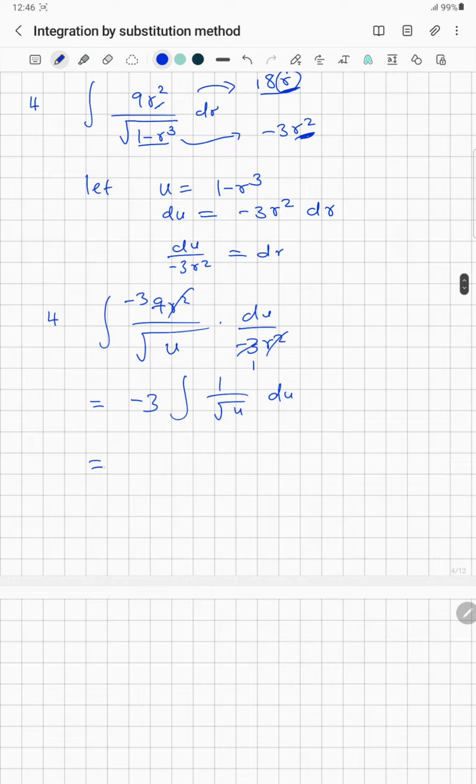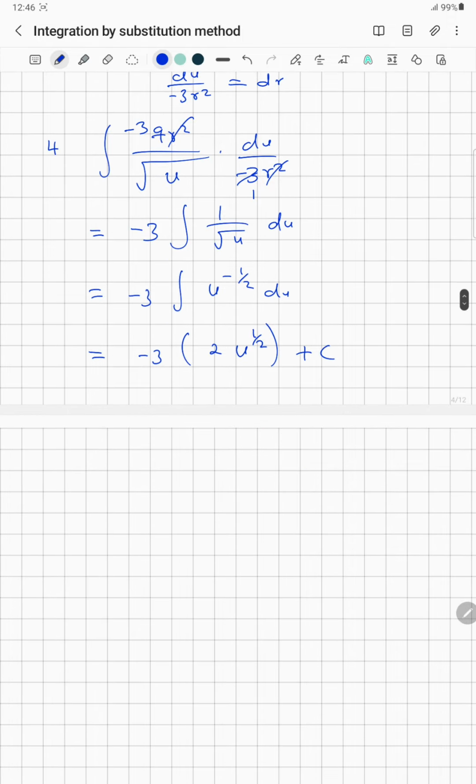Now this one is very easy because you integrate u power minus half du, and this automatically becomes minus 3. Integration of this one will be 2 u power half, that way.